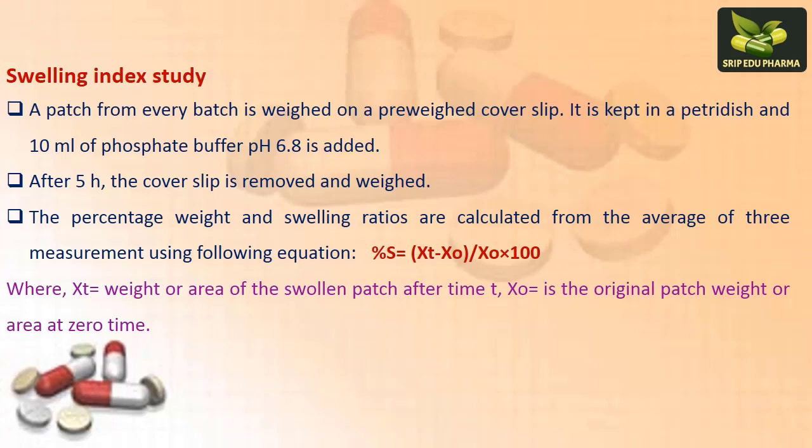So we analyze the buccal patch after dipping it in phosphate buffer for a duration of 5 hours, and thereafter we weigh it and calculate the difference in weight, the weight increase due to absorption of water by the patch. This is the formula that we use to analyze the weight difference.